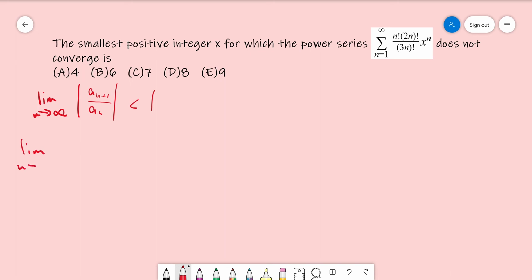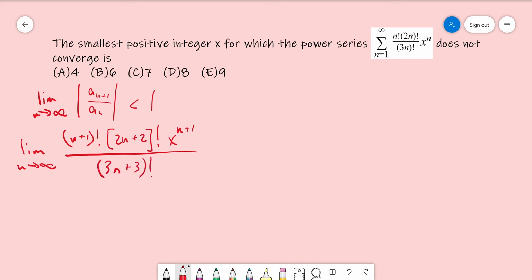So we're going to have the limit as n goes to infinity of (n plus 1)! times (2n plus 2)! times x to the n plus 1, divided by (3n plus 3)!.